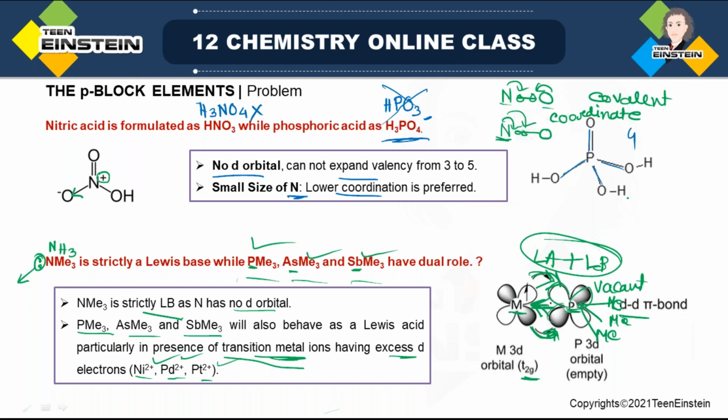As it is occurring after this first donation from phosphorus, that is why it is called back bonding. So the conclusion is these three molecules can have a dual role, that is Lewis acid and Lewis base, they can act as both, but for NMe3 it is not possible. Okay, both the questions clear?